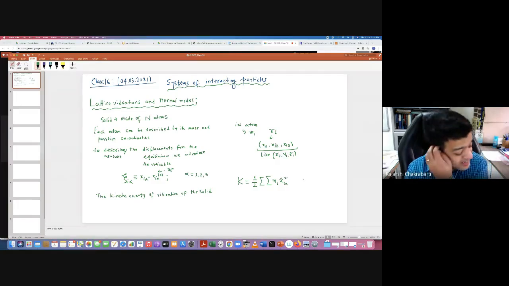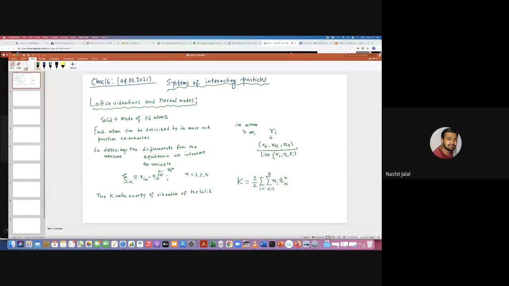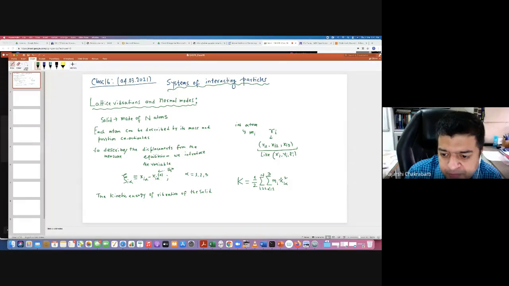Is this clear? If I write like this, your alpha should go from 1 to where? 1 to 3, and then i should go from 1 to capital N. Is this clear? Yes, sir.